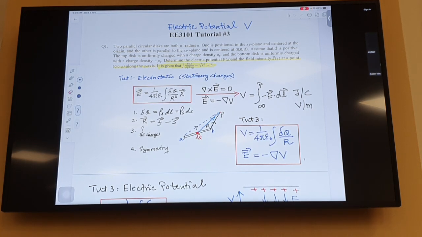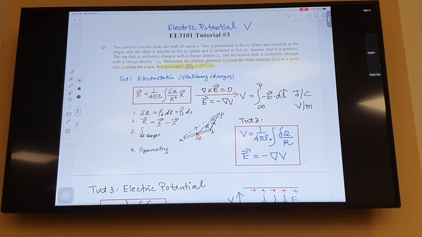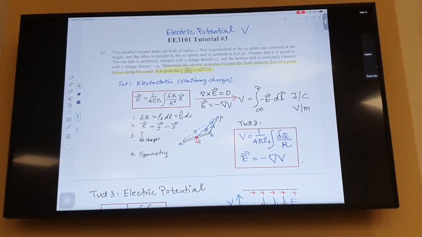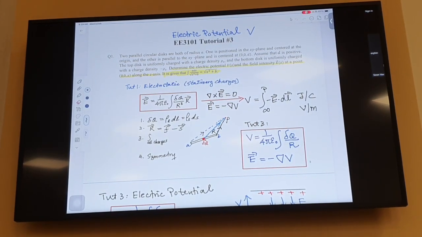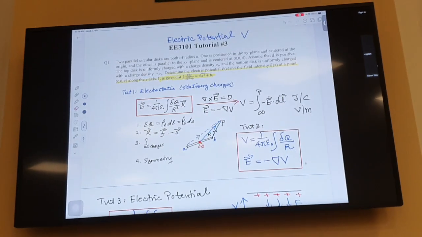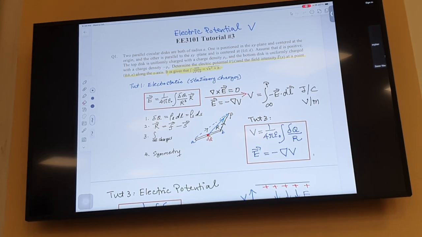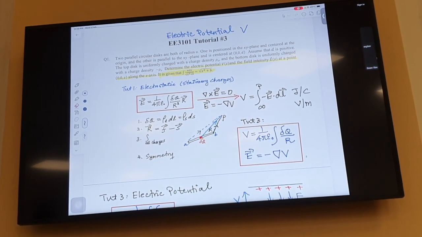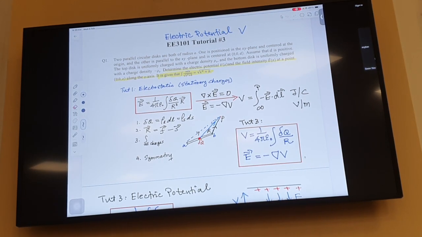F equals, this is called the Lorentz force law, Q times E plus V cross B. Generally, if you know the electric field and there is no magnetic field, you know the force, which can interact with any charges. When you interact with the charges, F equals ma, you know the acceleration, you know the response. So then, why do we want to introduce electric potential?